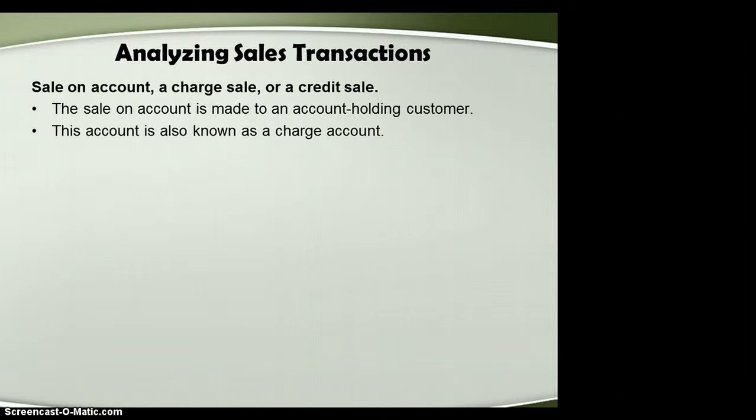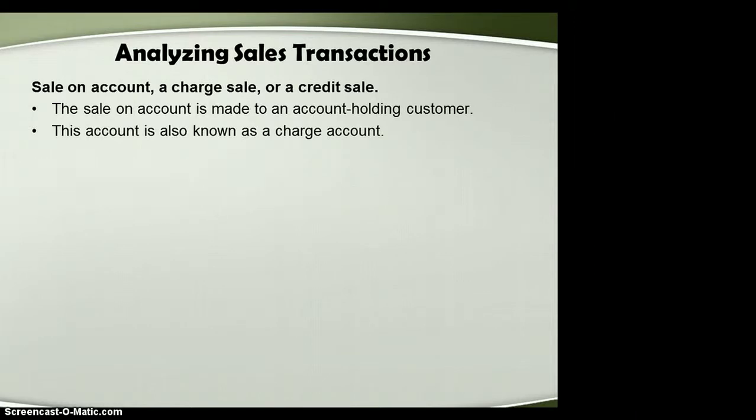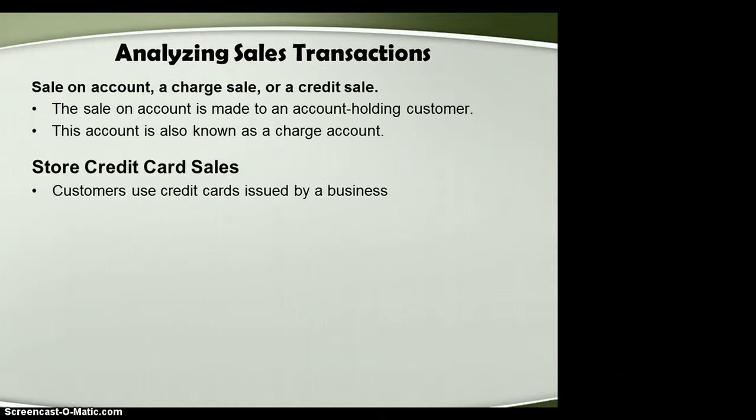So this account is also known as a charge account. And when a purchase is being made with our business on account, then that would be recorded in our accounts receivable. But if we're our business making a purchase on another store's account, that's going to be recorded as accounts payable. Should be triggering some reminder receptors in your brains right now.